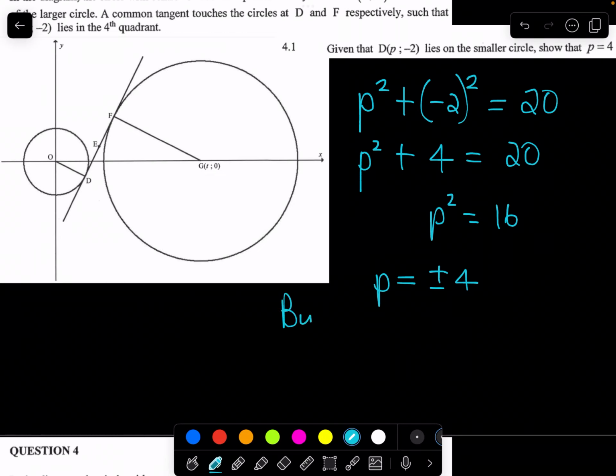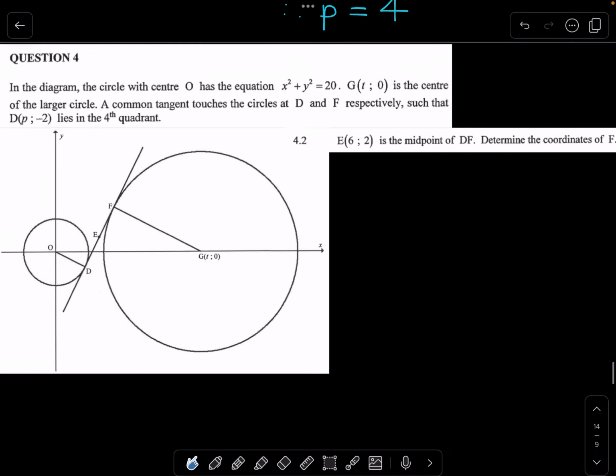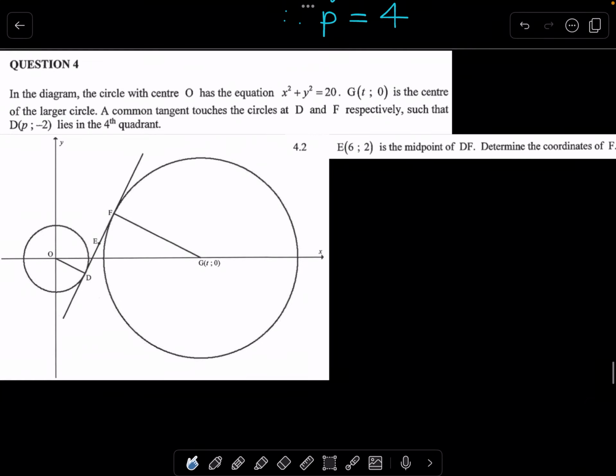But we know that p is positive because D is in the fourth quadrant. Therefore p must indeed be equal to 4 as we were required to show. So we now know that D has coordinates 4 and -2.